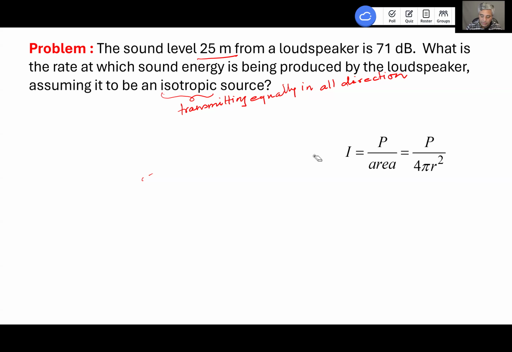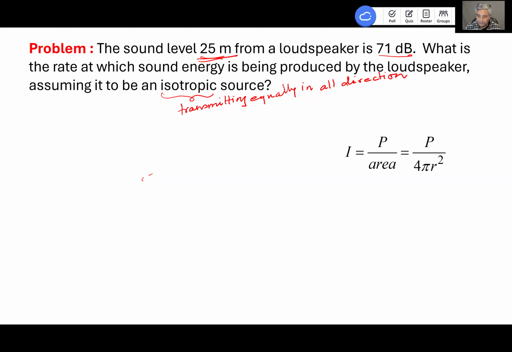So what is the rate at which sound energy is being produced? Here, the decibel beta value is given, okay? And distance is given.